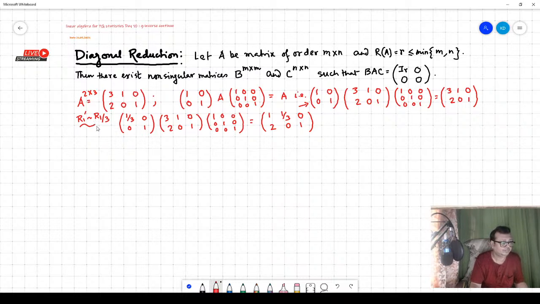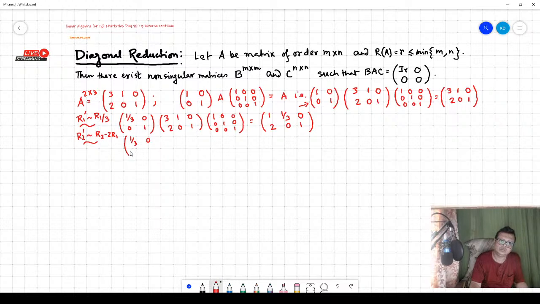Next R2 dash is equivalently R2 minus 2R1. This is a row operation, so I apply this on my first matrix 1 3 0 0 1.